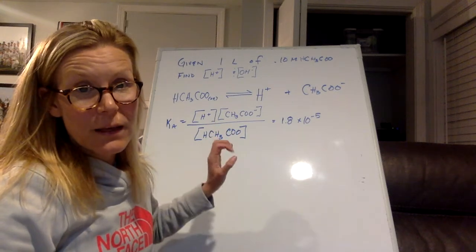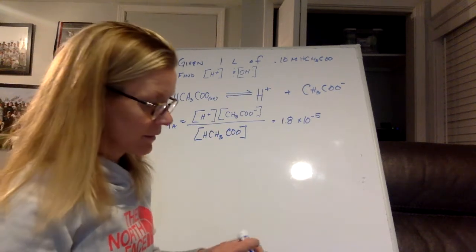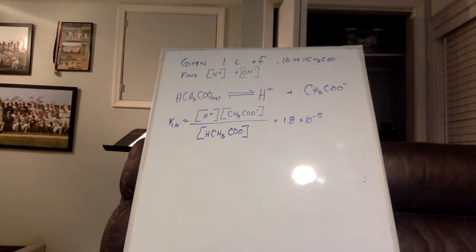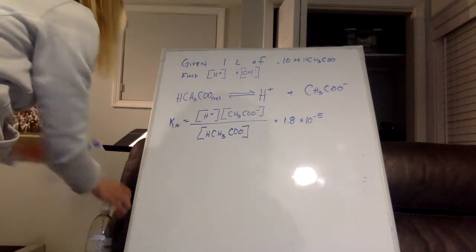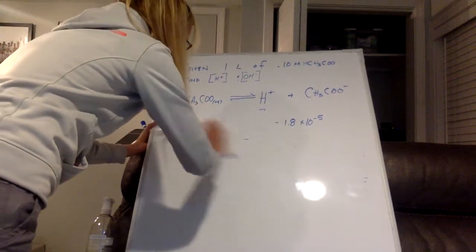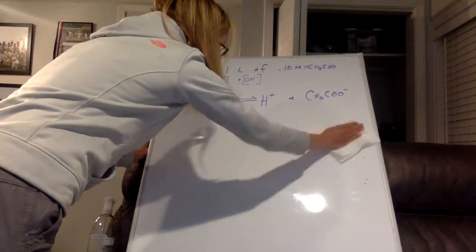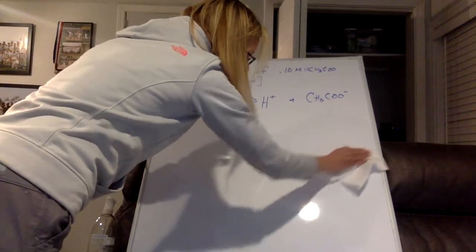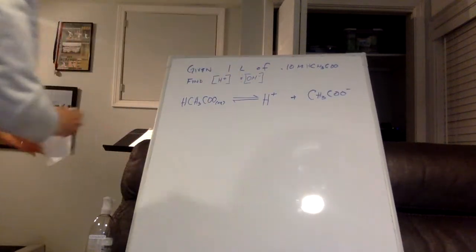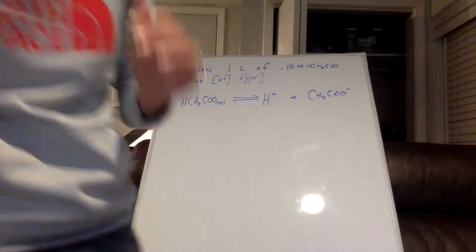Right away, weak acid, you're going to need an icebox. So I'm actually going to erase my Ka. Write it down real quick if you need it. Okay, I'm going to put my icebox right underneath my equation.